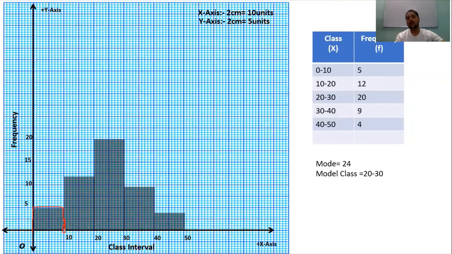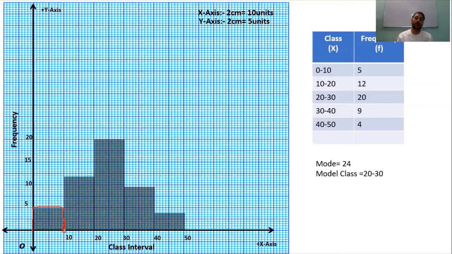Now we have to find the mode from the given data. What we have to do? We have to join the top corners of the modal rectangle, that means the biggest rectangle from the given graph, with the immediate next corner of the adjacent rectangle.